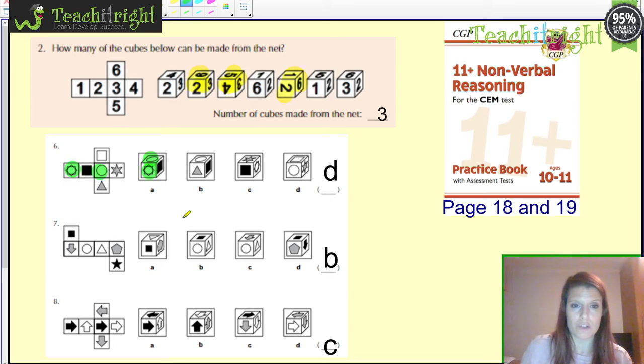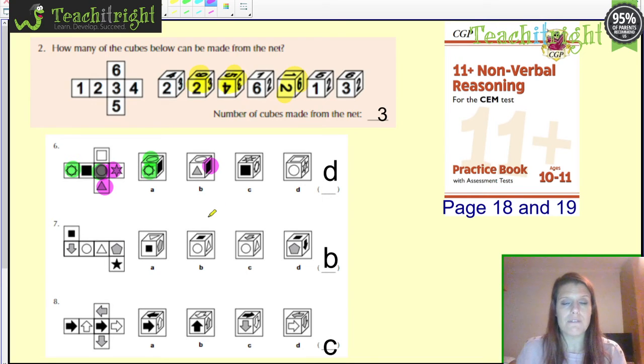Option B is ruled out because if the circle was on top and the triangle was in the front, you can see the circle and the triangle on the net, then the face on the right would need to be this grey star, not this black square. And for C, the grey star and the black square must be on opposite sides. So we're left with D. It has to be D.